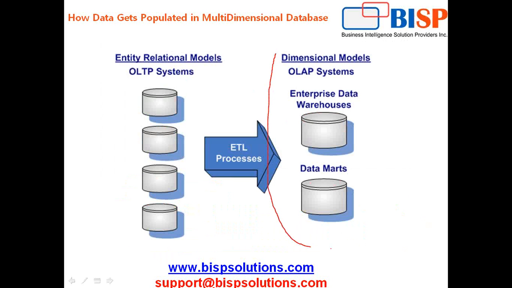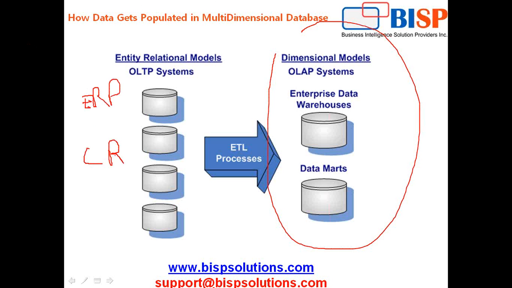OLAP, the source of the OLAP server, is essentially an OLTP. You may have multiple disparate OLTPs, could be your ERP, enterprise resource planning, CRM, customer relationship management, or maybe some legacy product.